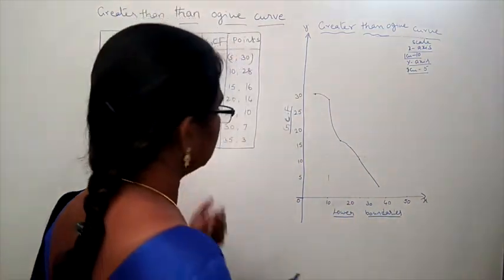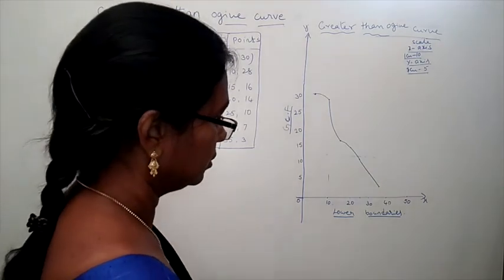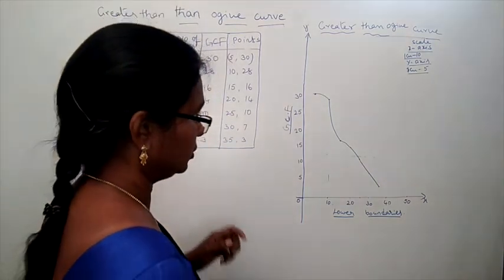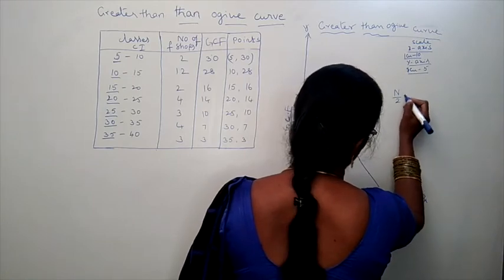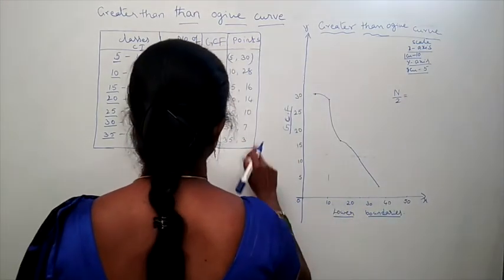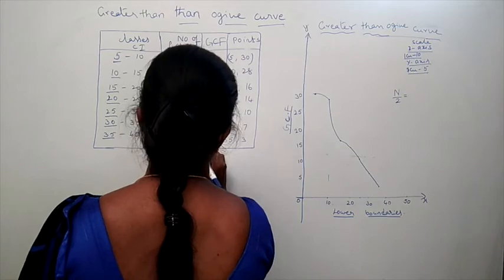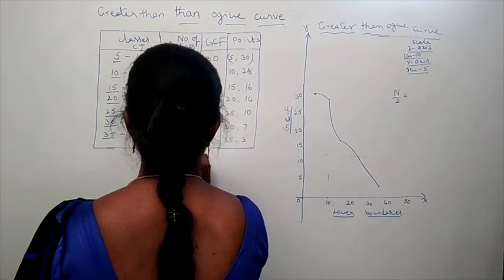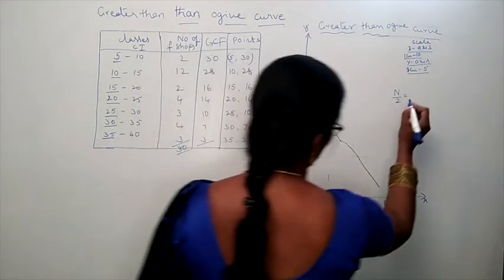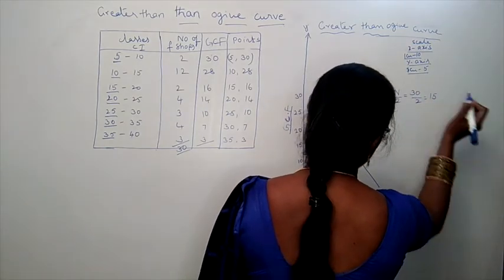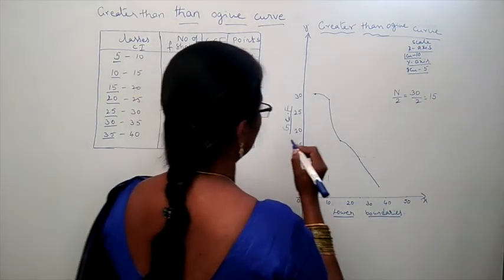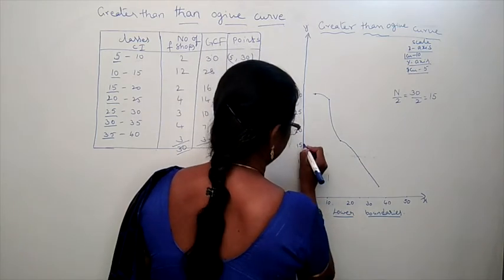Now, from these curves, how to find the median? First, we have to find n by 2. What is the total frequency here? 30. Then n by 2 is 30 by 2, equal to 15. We have to take 15 on the y-axis.